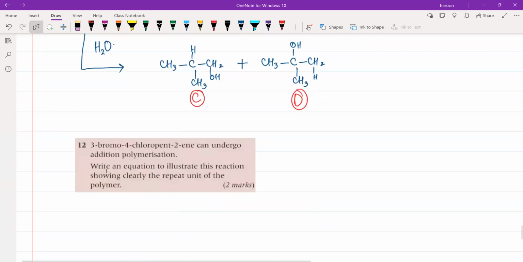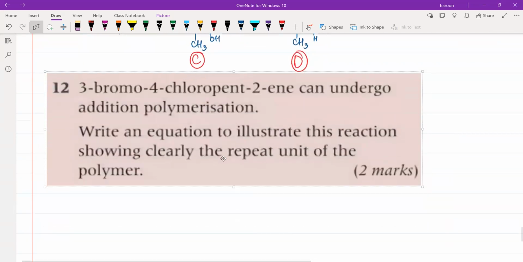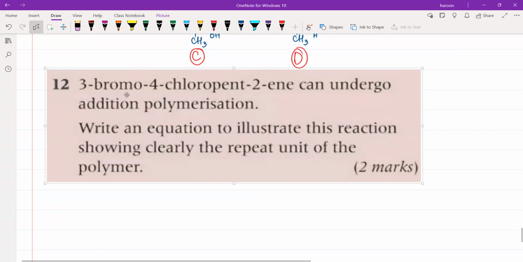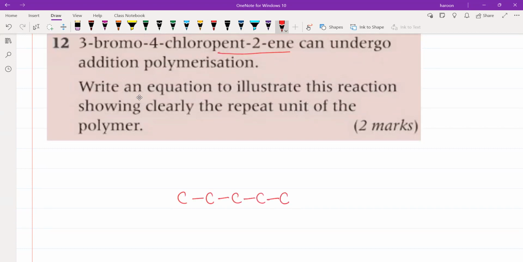Can you see the question? 3-bromo, 4-chloro, pent-2-ene. Pent-2-ene.